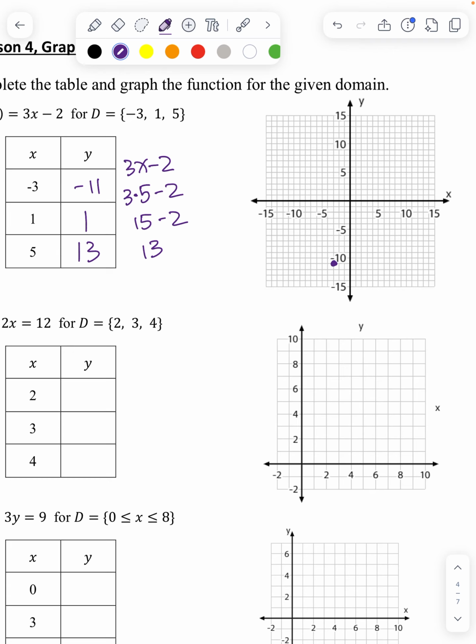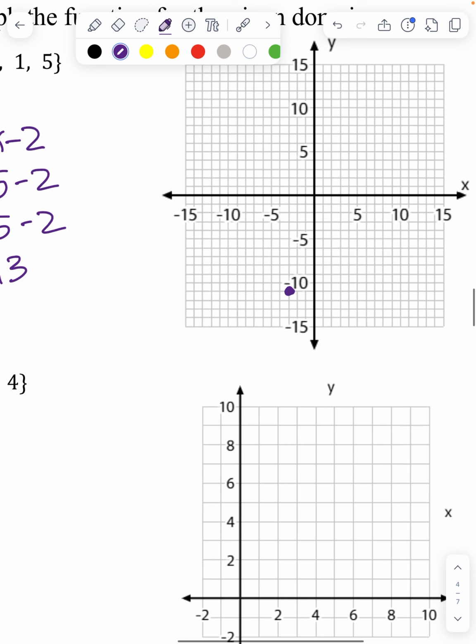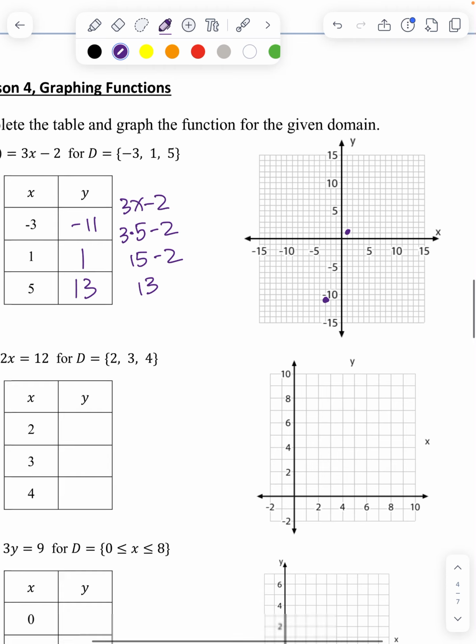Second point, 1, 1. x equals 1, y also equals 1, so right here, right? Last one, 5, 13.